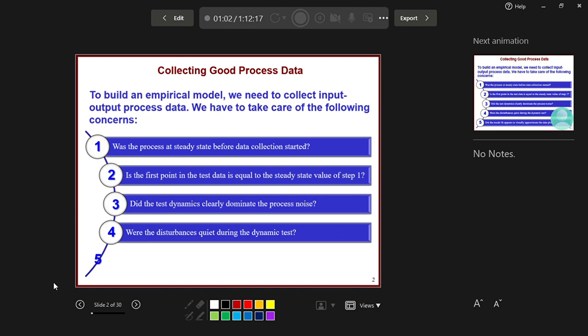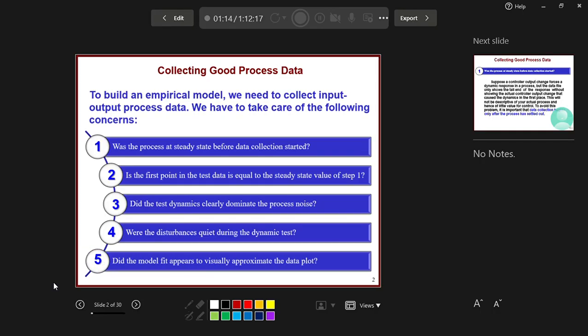The fourth precaution: you need to make sure that the disturbances affecting the process were quiet during the data collection. And the last precaution: you need to make sure that the final fit for the model visually approximates the data plot. Now, I've just mentioned the titles of these precautions, and we will come to each one of these in the next slides.